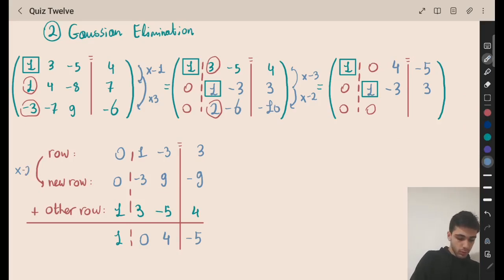Let's do that. So we multiply by minus 2. 1 times minus 2 is minus 2. This is positive 6, and this is negative 6. The other row to which we're adding this is this one.